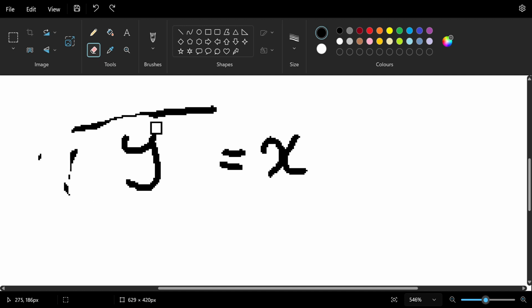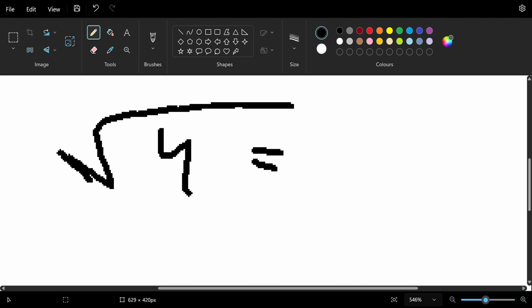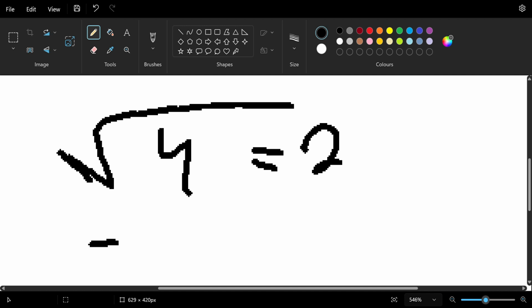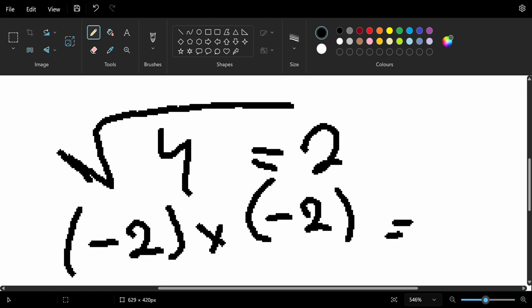So now let's come back to our square root of 4. What was the second answer? There was 2, because 2 times 2 is equal to 4, or 2 squared is equal to 4. But you can also write negative 2 times negative 2, because minus times minus is equal to plus, so we can also write it as 4.